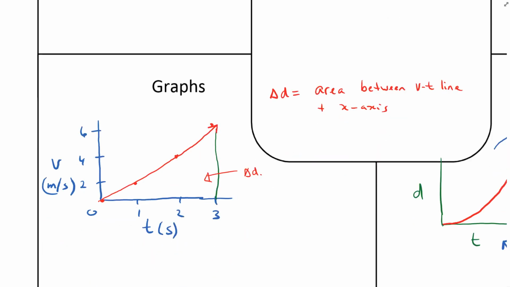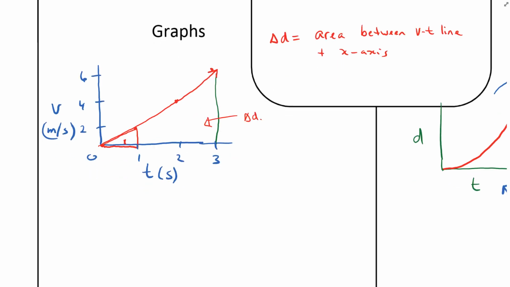So if we want to know how far it's gone in 1 second, we just want to get this area here. So I'm going to call this one area number 1. So I'm going to say delta D number 1 is going to be equal to this area there. And how do you figure out that area? Well, it's a triangle, so that would be the base times height divided by 2.